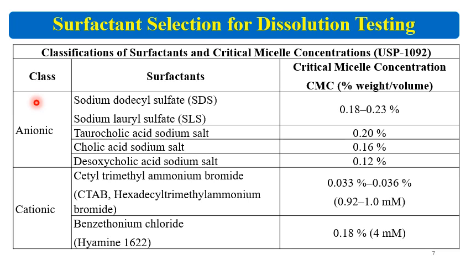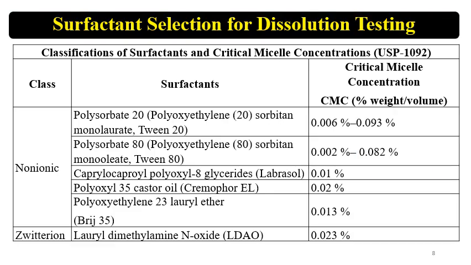Various surfactants are listed in the USP chapter 1092, like a cationic surfactant example, CTAB. These are given in the general chapter with their CMC levels, and these CMC levels can guide the selection of the surfactant level.